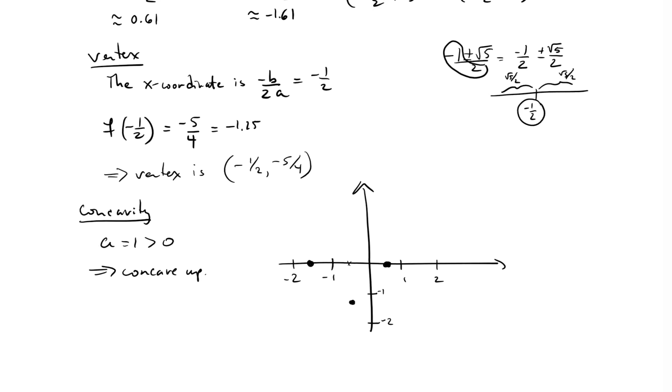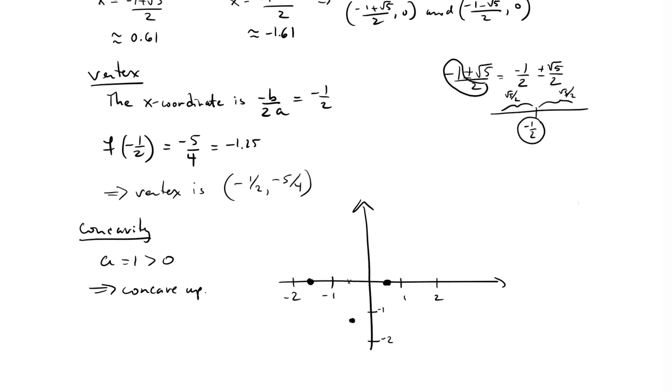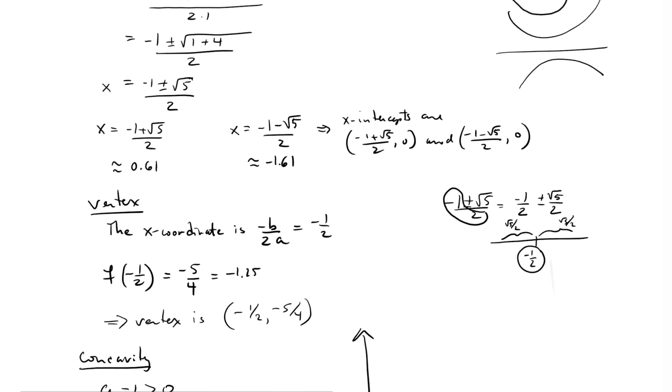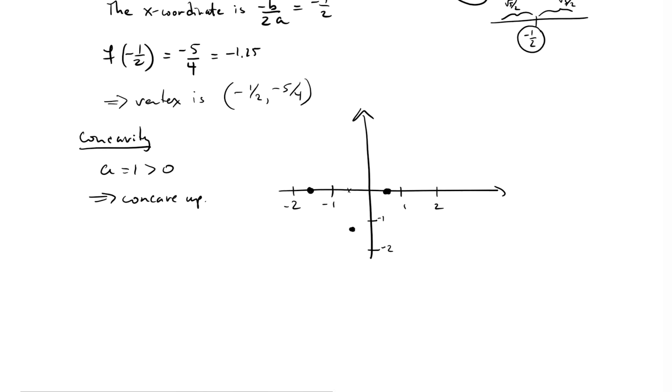And what am I missing? I feel I'm missing the y-intercept. We said it's 0, minus 1. So it goes through here. Okay, so let's draw our parabola. Make it flat at the vertex. There we go, like that.